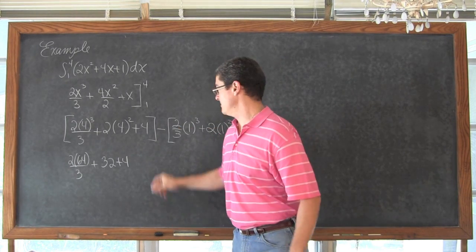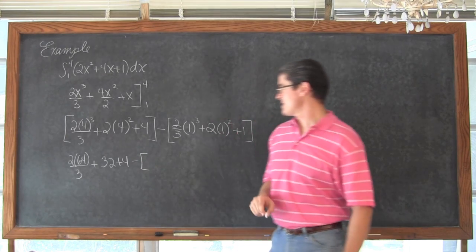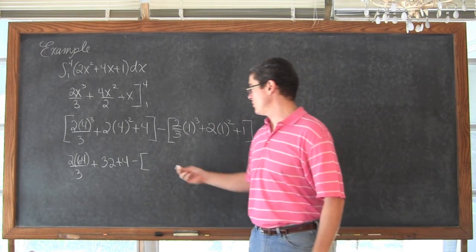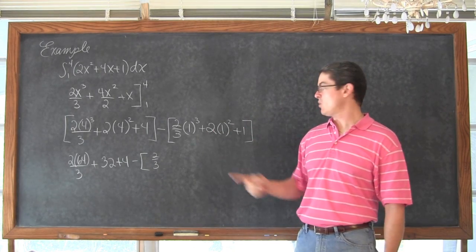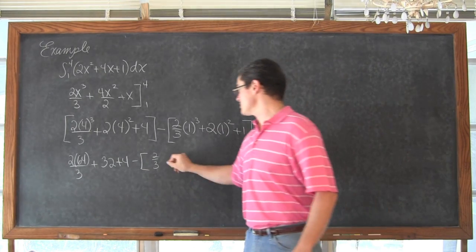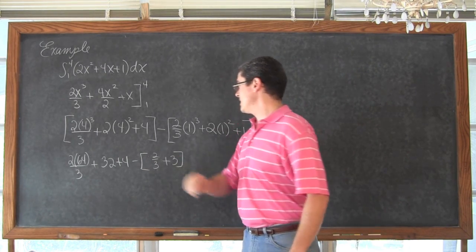Well, let's just take our time. Minus, I'm going to do a couple steps at once. 1 cubed, of course, is going to be 1, so we have 2/3, and then 1 squared again is 1, and 2 plus 1 is equal to 3, so plus 3.